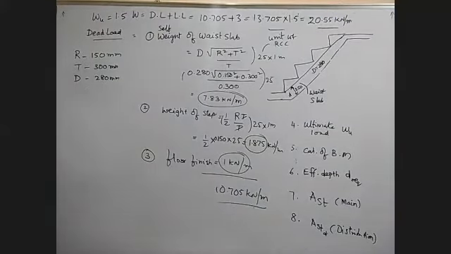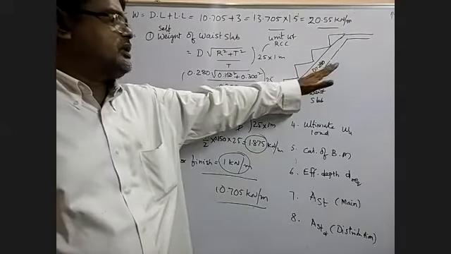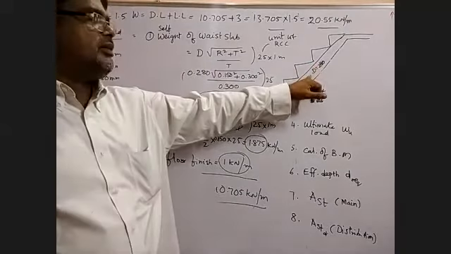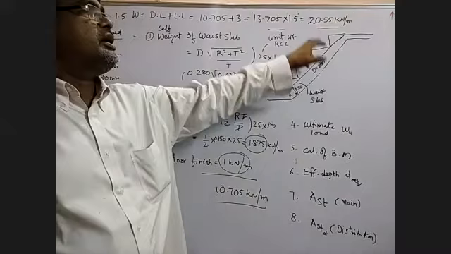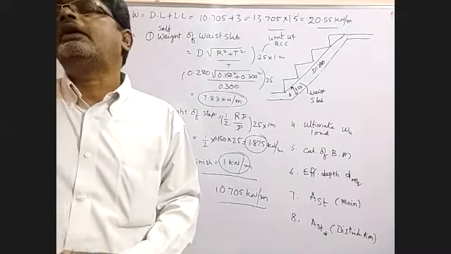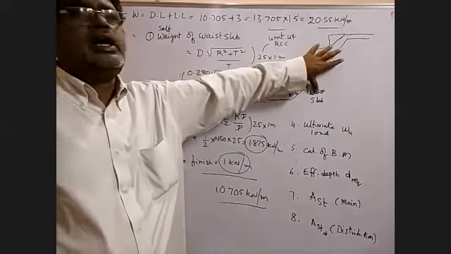So the load coming onto this waist slab, dead load plus live load, is 20.55 kilonewton per meter.